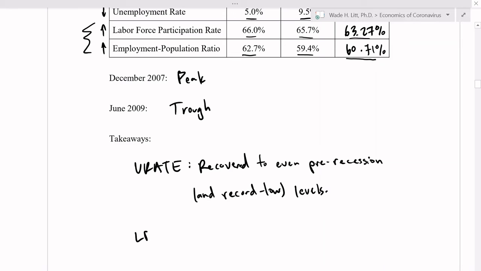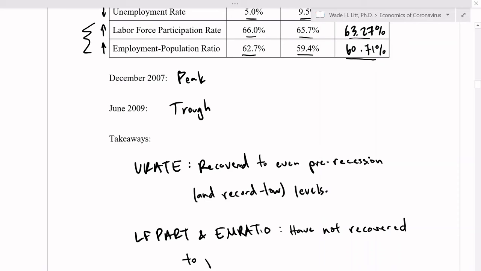Okay, but the labor force participation and the employment population ratio have not recovered to pre-recession levels.